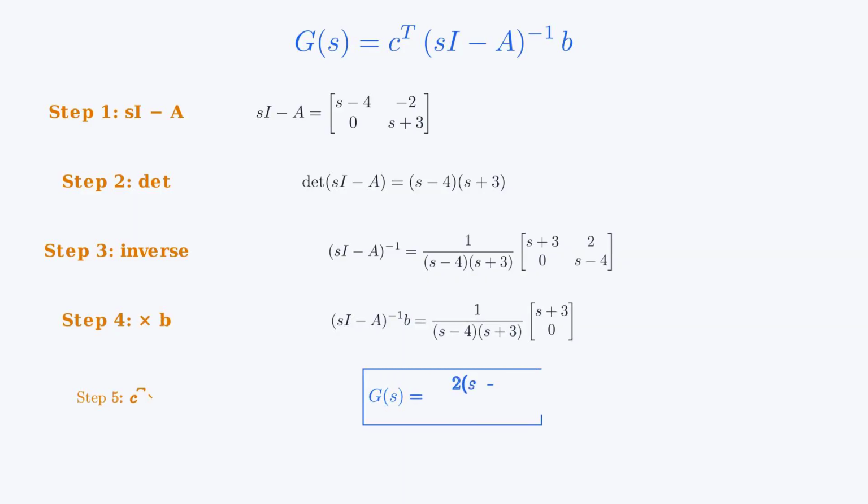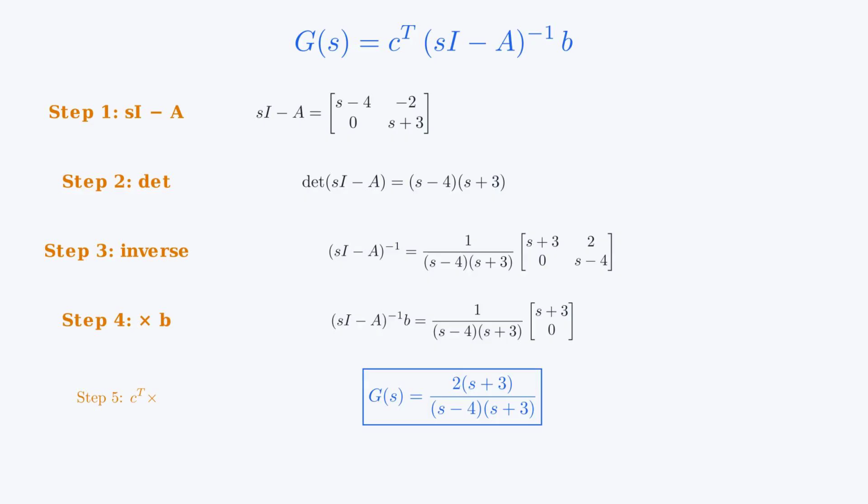For a 2x2 matrix, the determinant is the product of the diagonal minus the product of the off-diagonal. The diagonal product is s minus 4 times s plus 3. The off-diagonal product is -2 times 0, which is 0, so the determinant equals s minus 4 times s plus 3.